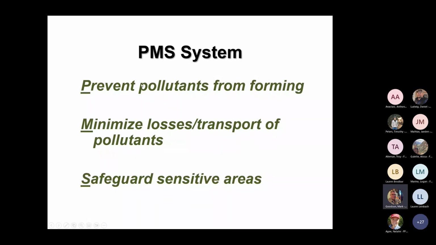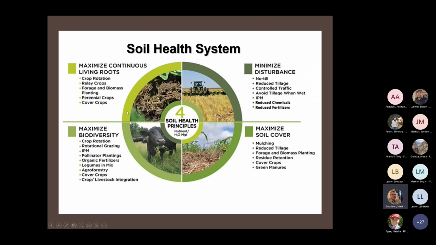Another way you could look at this, if you want to talk about a system, you could call it the PMS system. It's to prevent pollutants from forming, minimize the losses of transported pollutants, and safeguard sensitive areas. There's our PMS system. Another system that I've mentioned is our soil health system.